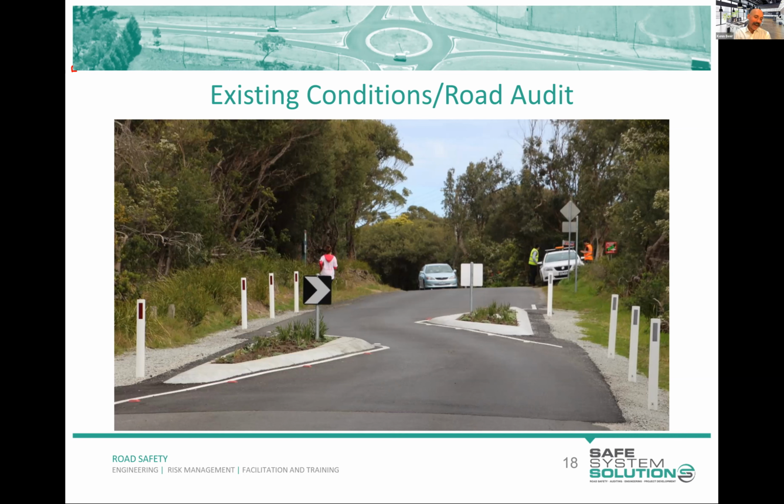So 85th percentile speed is a useful understanding of exactly what it says. What's the speed of 85% of the drivers through here? 85th percentile speed for me is only really used as a design input, if that makes sense.